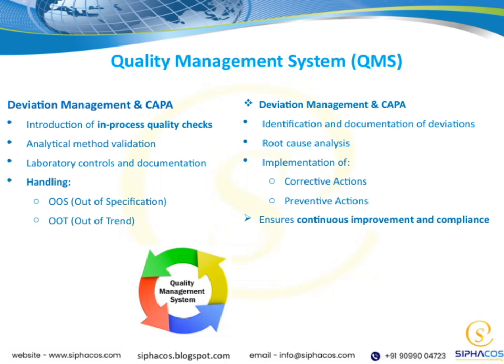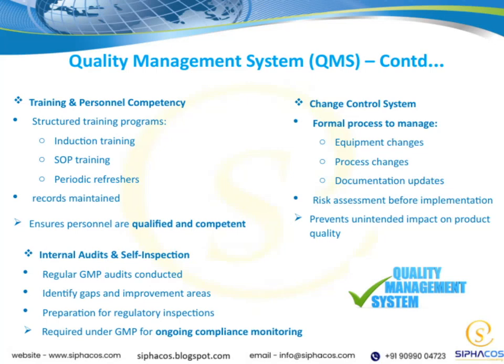Managing these effectively is key to maintaining product quality and regulatory compliance. All of these elements work together to strengthen our overall quality framework and ensure that we consistently deliver safe, effective products. Now, let's talk about internal audits and self-inspection.